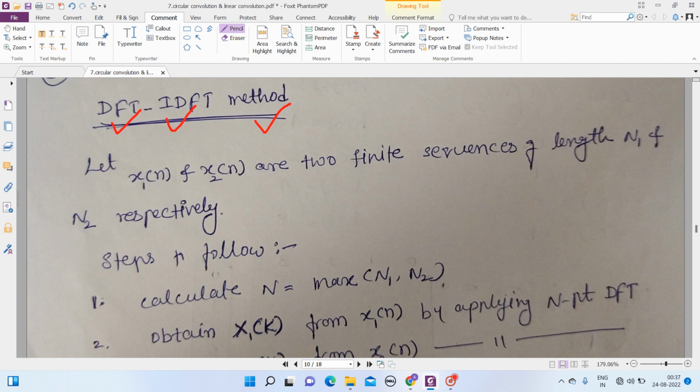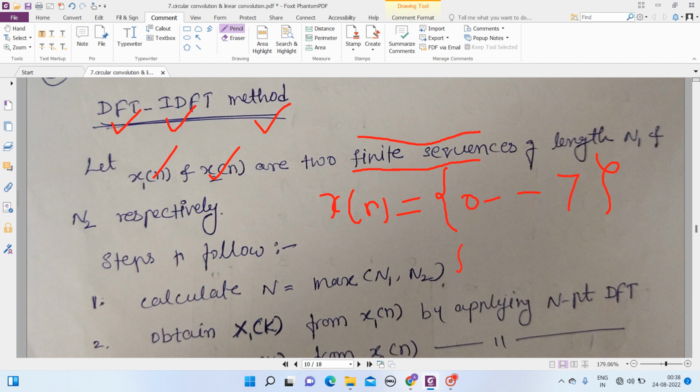Okay, let x1 of n and x2 of n be two finite sequences of length n1 and n2 respectively. What is this finite sequence? You know very well what is finite and infinite, right? For example, if the x of n sequence lies between any finite value, for example between 0 to 7, we call such a sequence a finite sequence.